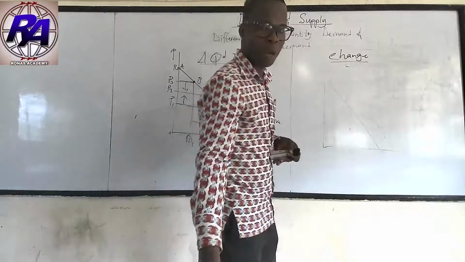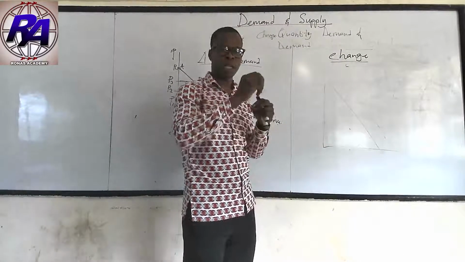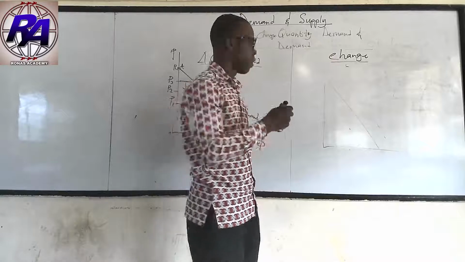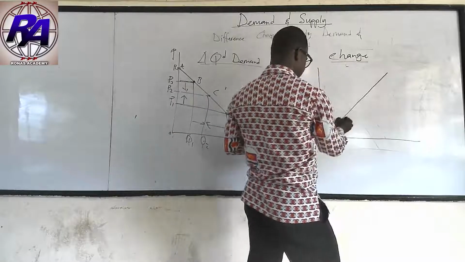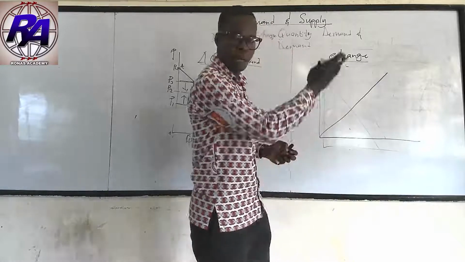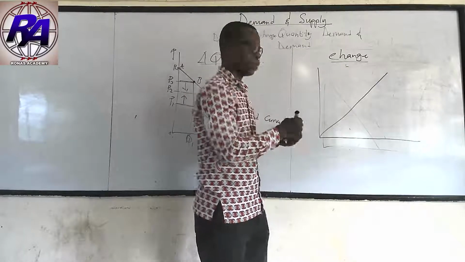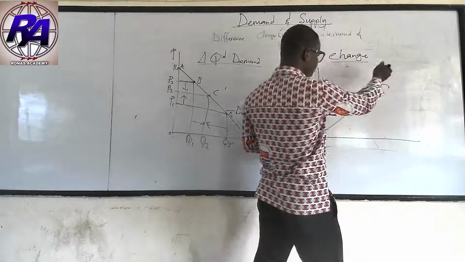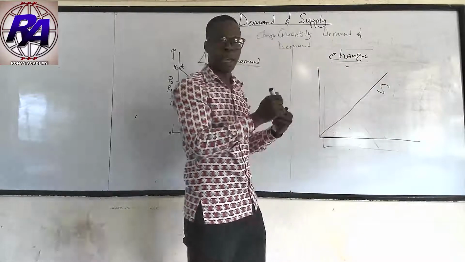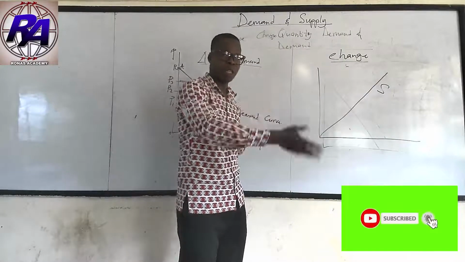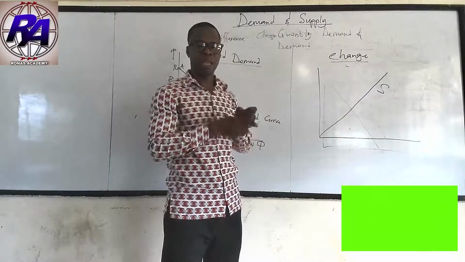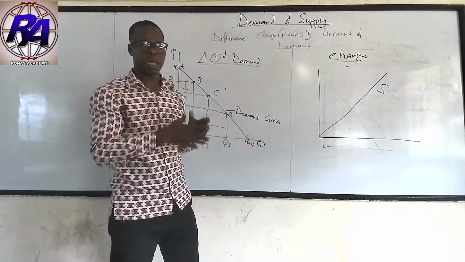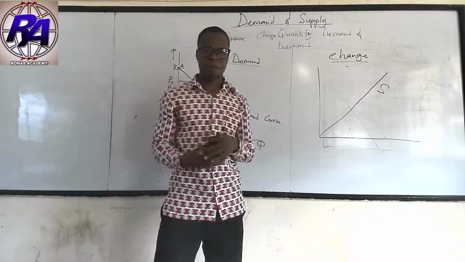So if you want to look at a change in quantity supply and change in supply, then our supply curve will have this, it will be something moving upwards. So this is our supply curve. So a change in supply will be a shift in the supply curve, and then a change in the quantity supply will be a movement along what? The supply curve.